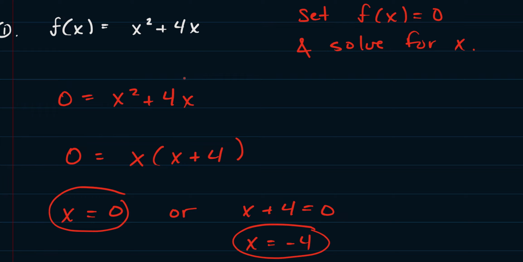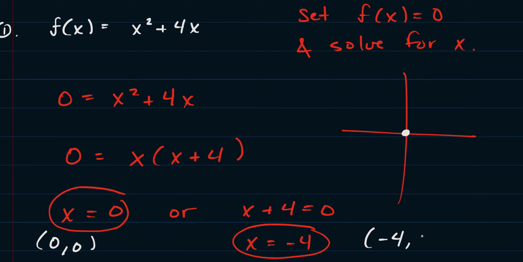So what we're doing is, if we wanted to graph this, right now at this point, we don't really know how to graph it, but we do know that our graph, however it looks, goes through the point 0, 0, because this is an x-intercept, and it also goes through the point -4, 0. So somewhere out here.